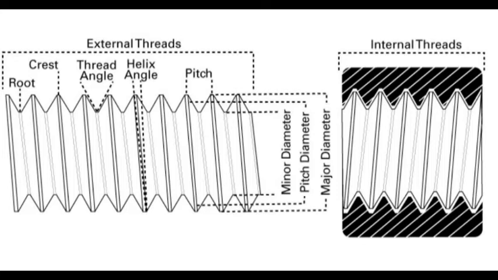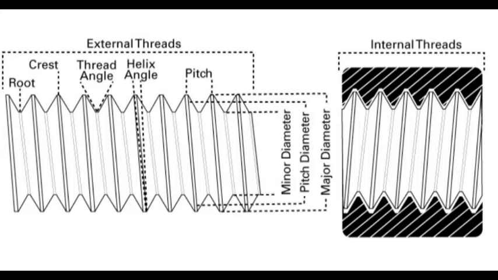So the major diameter is the diameter of an imaginary coaxial cylinder which would touch the crests of an external thread, whereas the minor diameter touches the roots of an external thread, or roots of an internal thread.